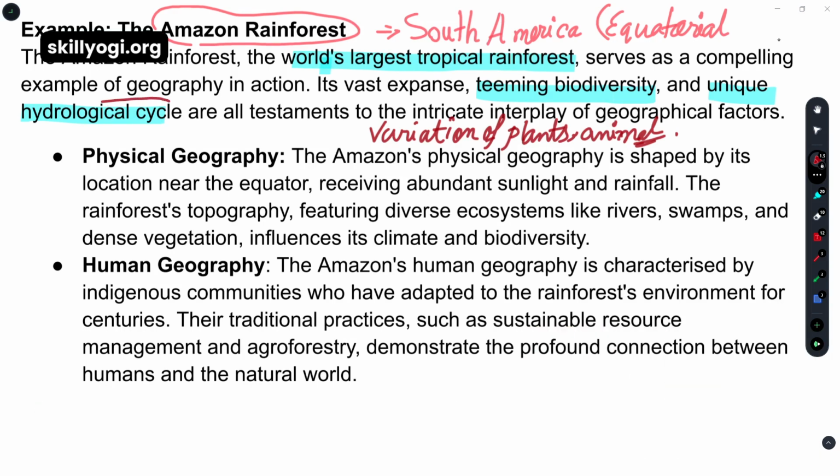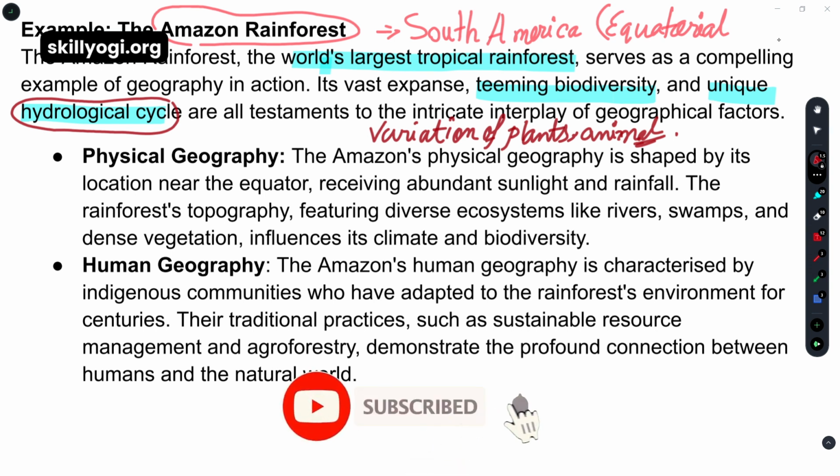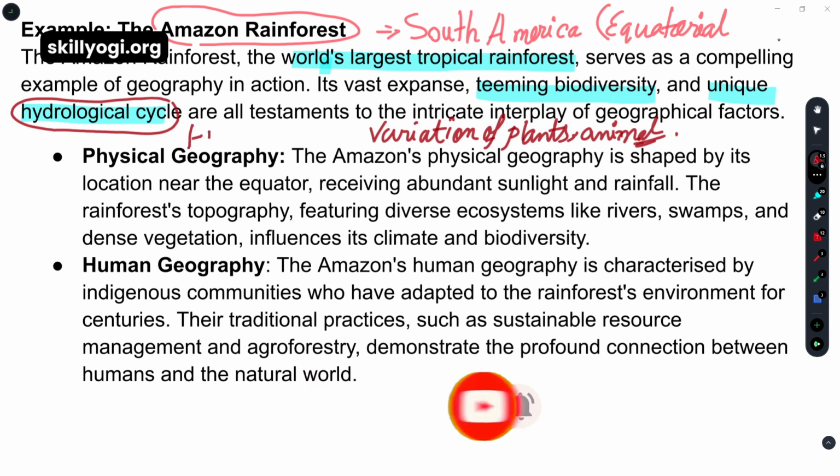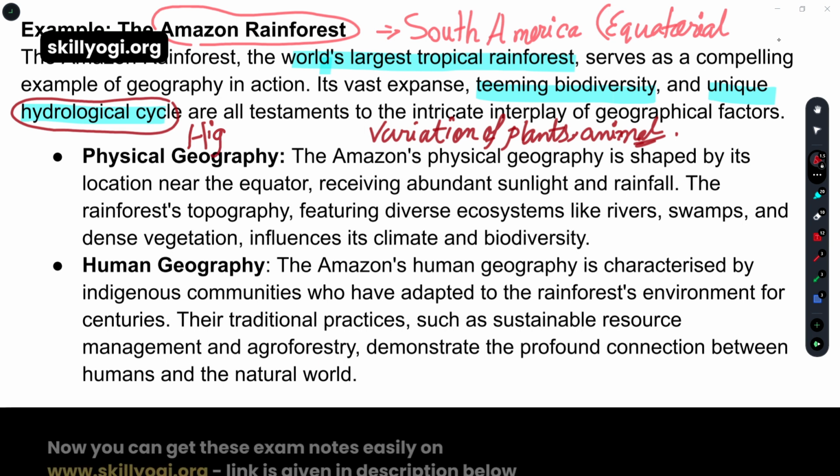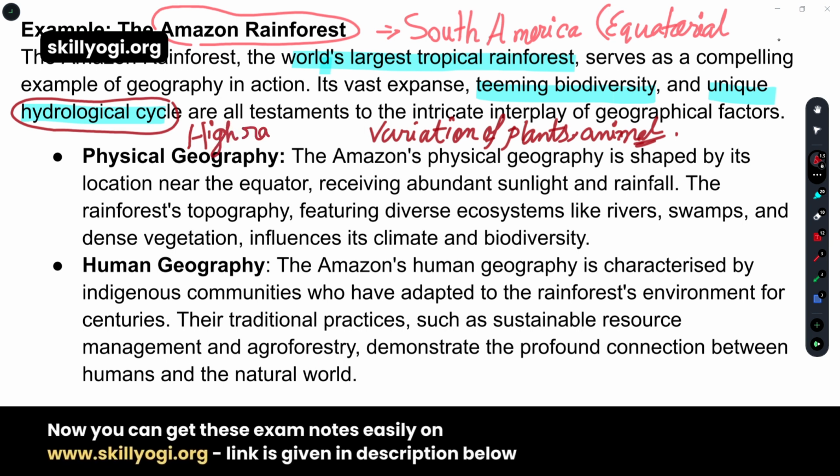What does it mean? Hydrological cycle, the definition you have already learned in class 8. So what kind of hydrological cycle can we have in the Amazon forest? There we can see high rainfall and also high temperature.